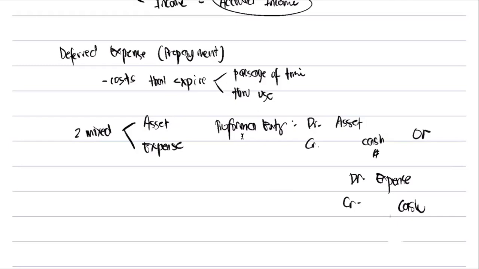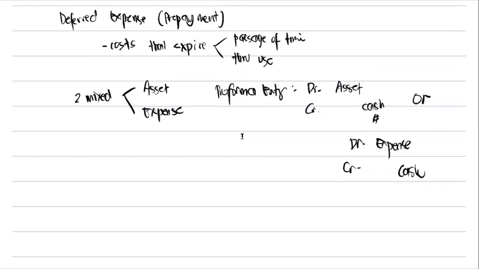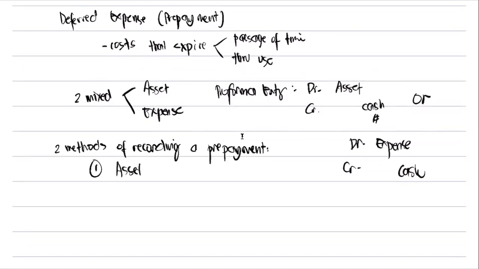Okay, so therefore, we can learn here based on these two mixed accounts that we have two methods of recording a prepayment. And what are those? First is your asset method. Next is your expense method.